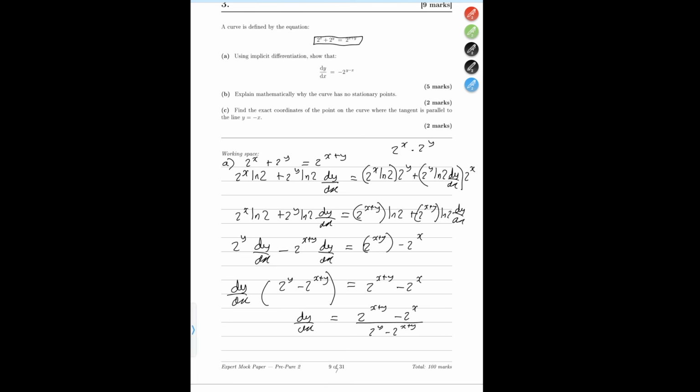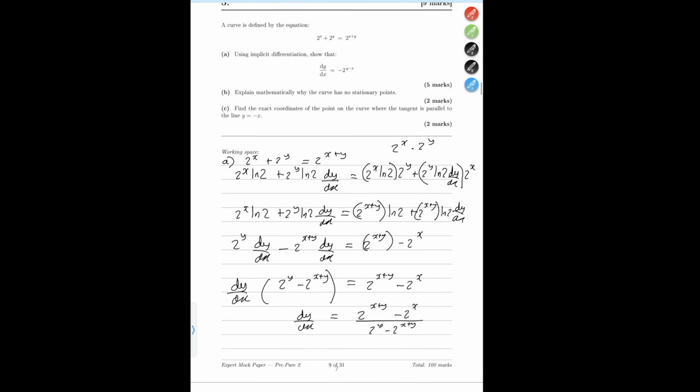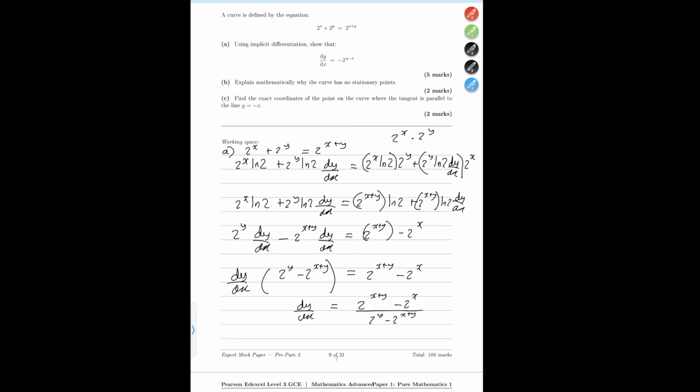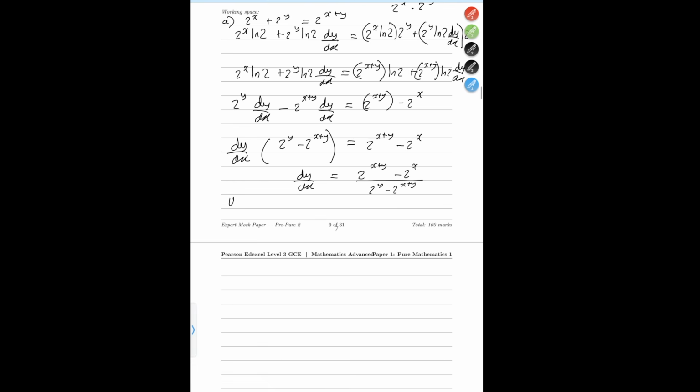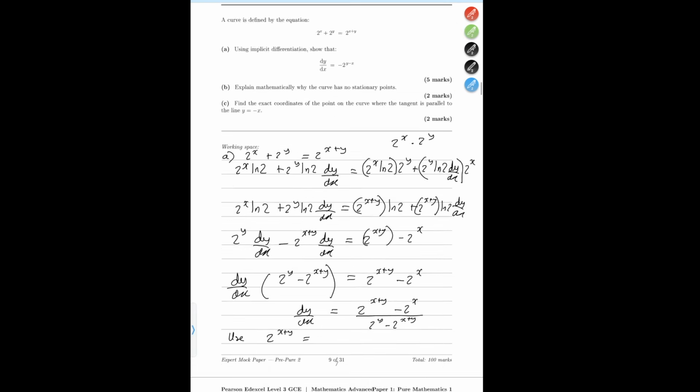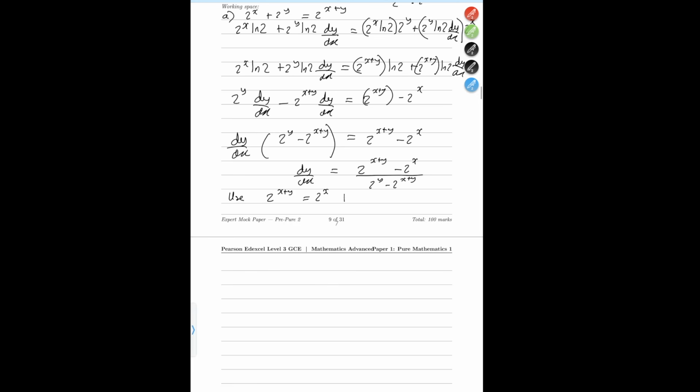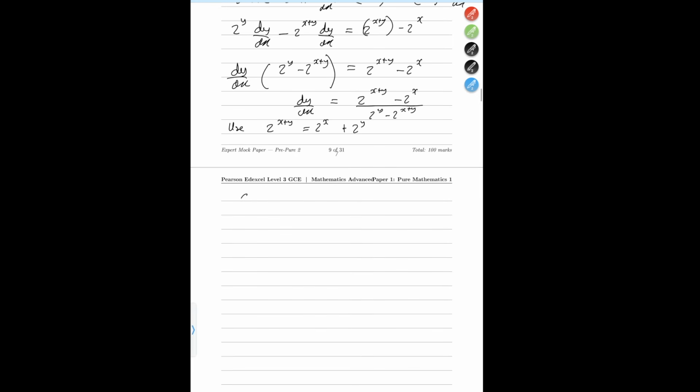I'm going to use the fact that 2^(x+y) is 2^x plus 2^y. So I can now write this as 2^x plus 2^y minus 2^x over 2^y minus 2^x minus 2^y.